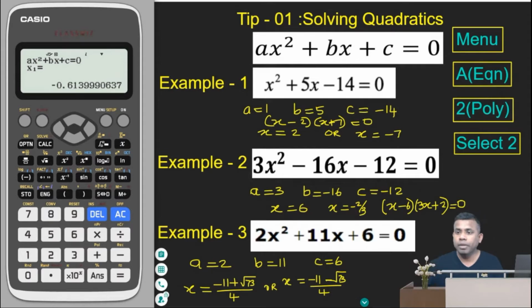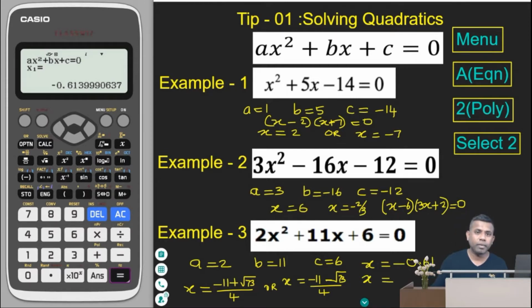For the other answer, press the calculator again and press the SD button and you get minus 4.88, maybe 4.89. So those are the two different answers for x.